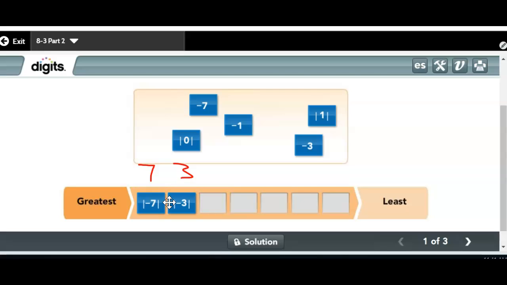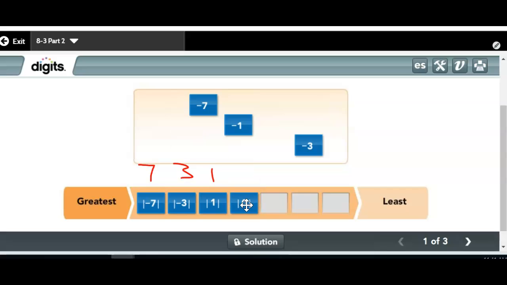All right. What's the next one? What's the next highest value? Chloe. The absolute value of 1. Perfect. The absolute value of 1 all together is what? 1. After that, Bryce. 0. Absolute value of 0, which has value of 0. Next. So we're going from greatest to least. Mark. -1.